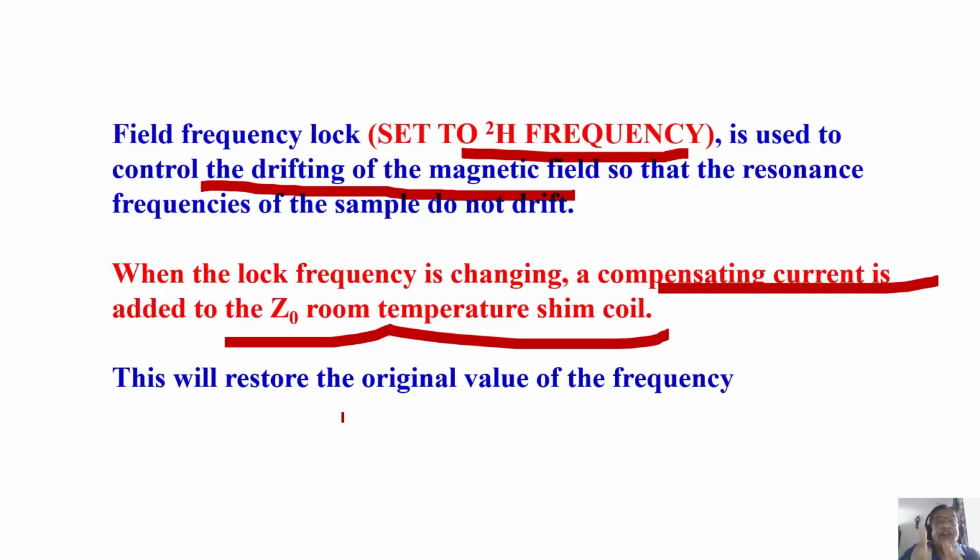So the resulting frequency will be different at different times. Microscopically, it may be for a small duration of the order of microseconds or milliseconds, but that does not matter. That has a devastating effect on your spectrum. So you have to prevent drifting of the field by locking your sample at the deuterium frequency. Very important one. Please remember this.